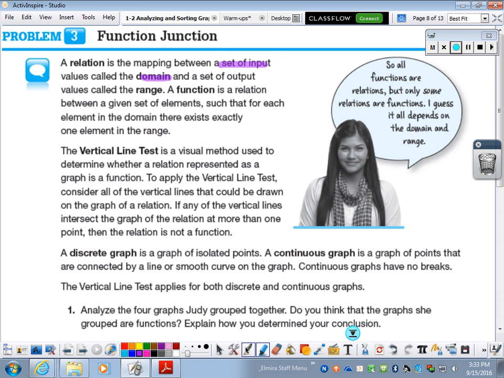Okay, that's a fancy way of saying your x values. And your range is your output values. Okay, y values, guys.